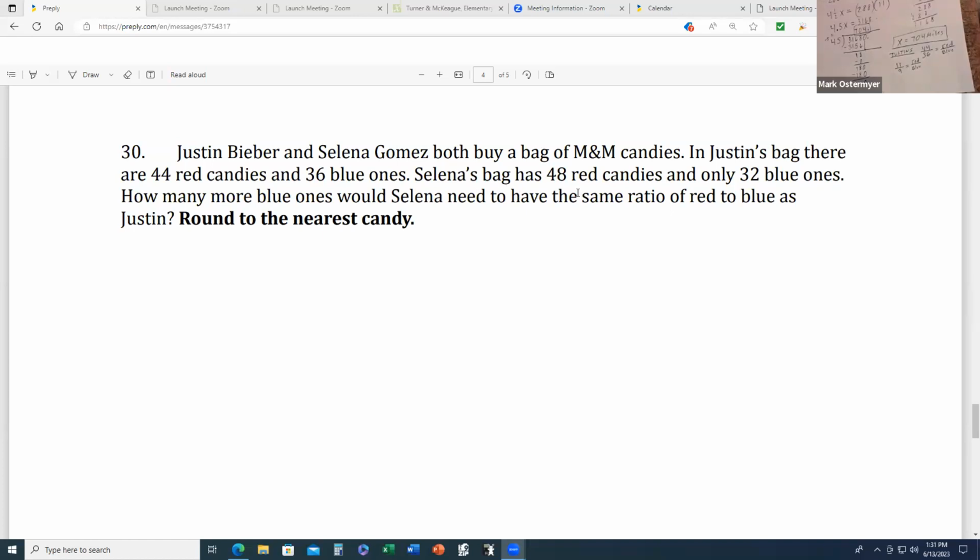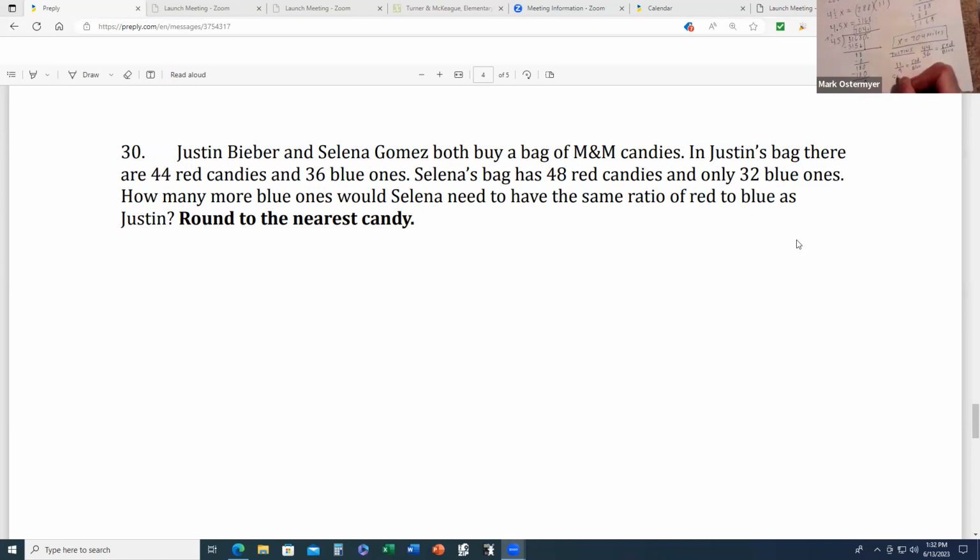Now, let's look at Selena here. It says Selena's bag has 48 red candies and only 32 blue ones. How many more blue ones would Selena need for the ratio of red to blue to be the same as Justin's? We don't know how many more blue ones she needs, so we'll call it X, okay?